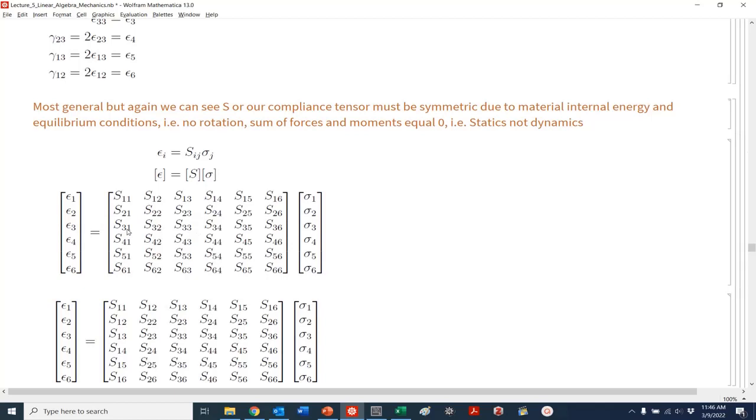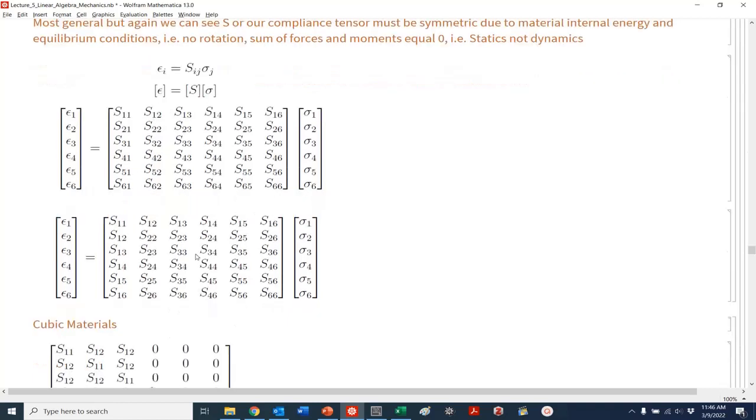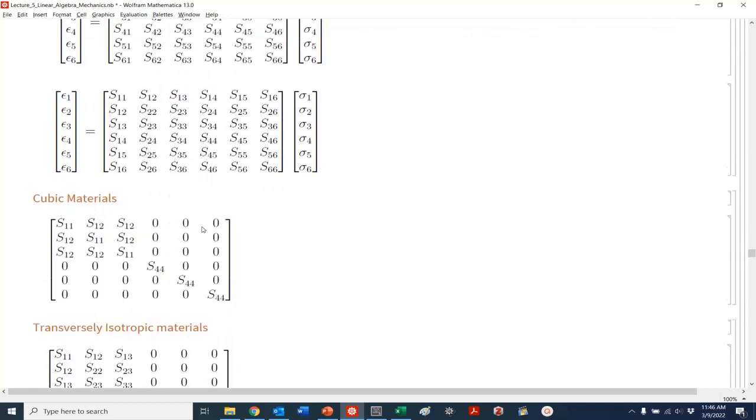I cannot dot a 6x6 by a 1x7. I need those columns and rows to match up. Based on our assumptions of static equilibrium, sum of the forces and sum of the moments must be equal, I could build a 6x6 that is also symmetric. So because this is symmetric, this must be symmetric as well.